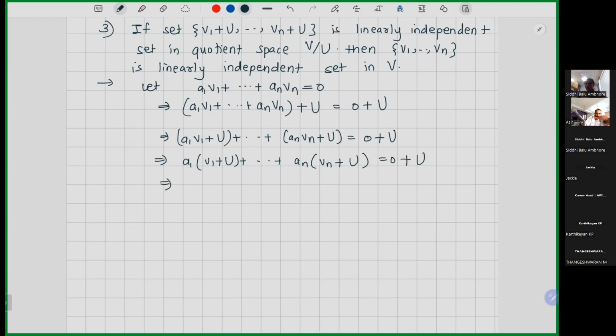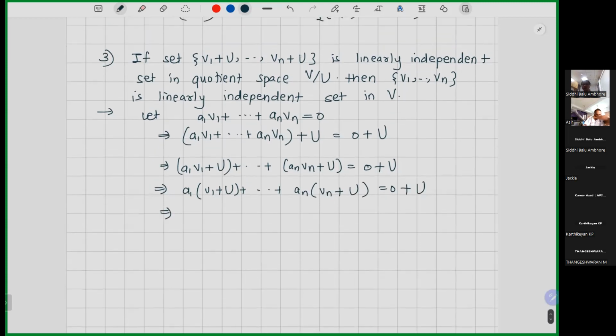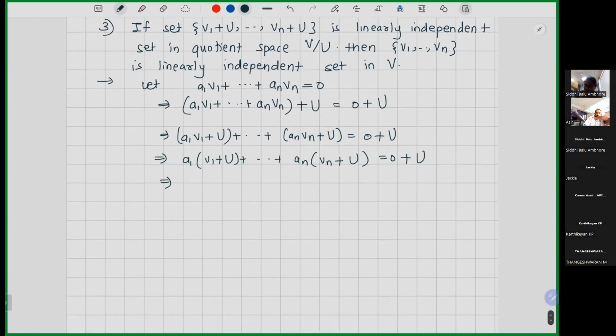But what I know is that the set v1 plus u up to vn plus u is linearly independent. So this implies that a1 up to an is 0.